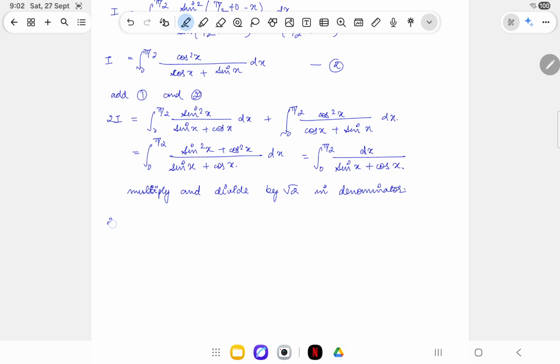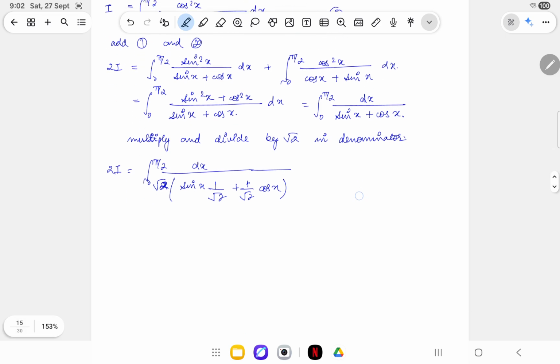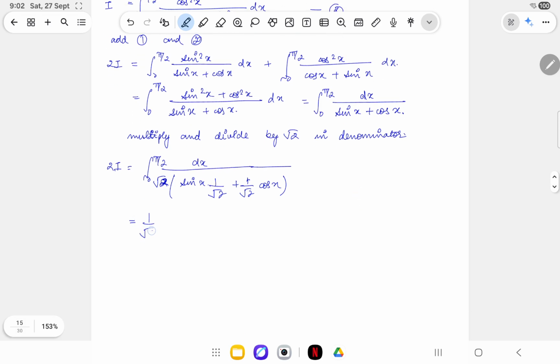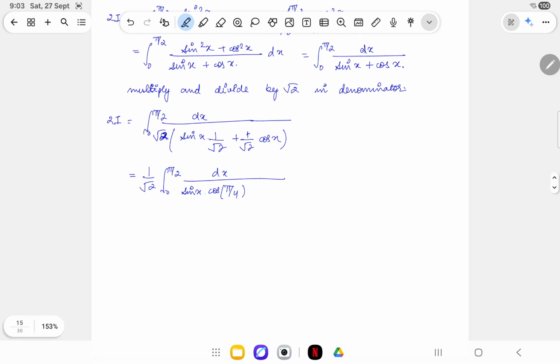If I do so, I'll get 2I equal to the integral from 0 to π/2 of dx divided by √2 times (sin x/√2 + 1/√2 cos x). So it will reduce to 1/√2 times the integral from 0 to π/2 of dx divided by (sin x cos π/4 + sin π/4 cos x), since cos π/4 and sin π/4 are both 1/√2.